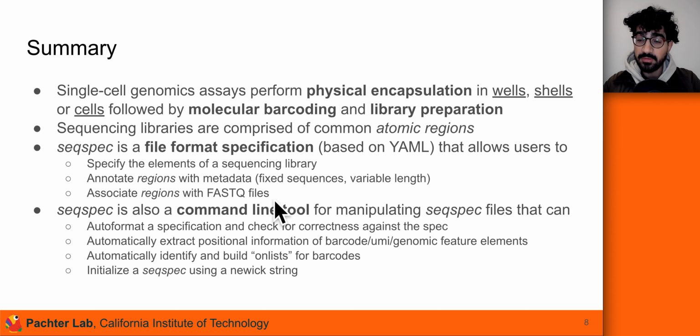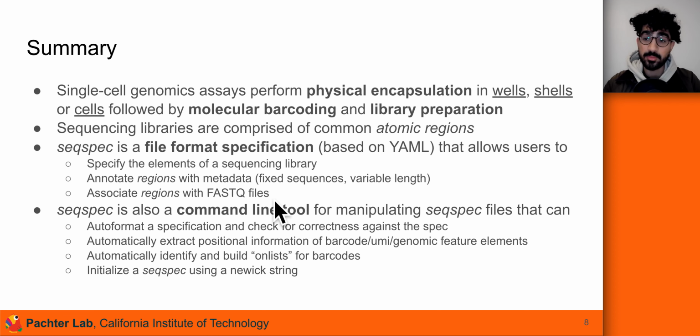This makes it really convenient for assay developers and tool developers to have a lingua franca, or a means of communicating between each other through this specification, so that tool developers know which parts of the sequencing reads are important for performing downstream preprocessing.